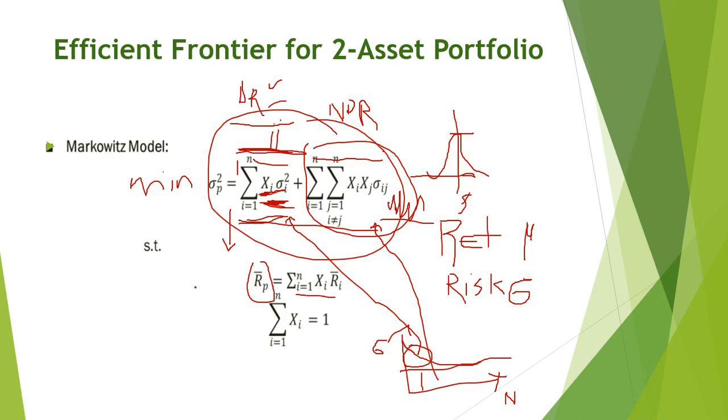Or we can do it the other way: maximize the return, put this equation in the constraint area, and again we get two constraints. One is that all weights sum to 1, and the risk will be defined in this way.